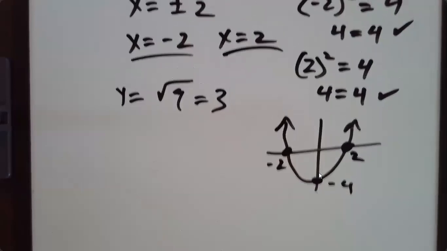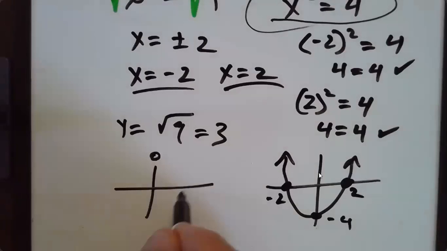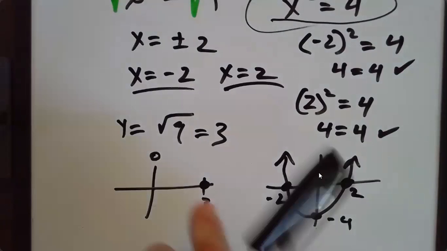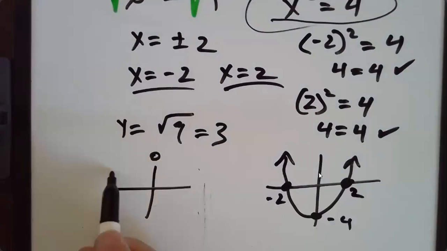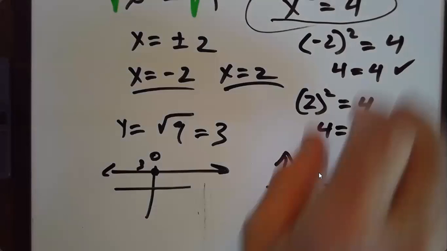Whereas here, this is just a single point. Or actually, I suppose we could even look at it like this on the horizontal line at 3, like that. Okay. So enough of that.